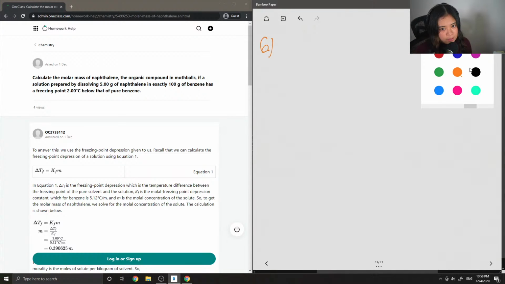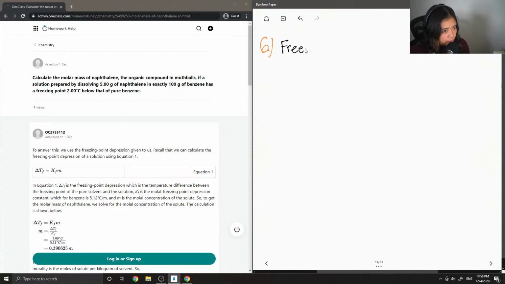Okay, so first I'm just going to write the equation for the freezing point depression of a solution.